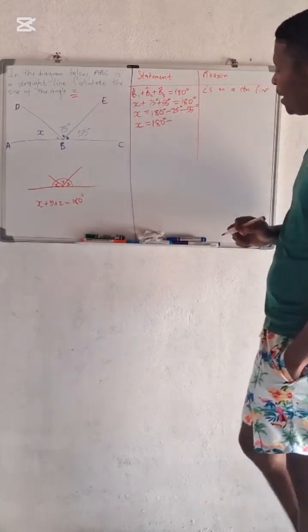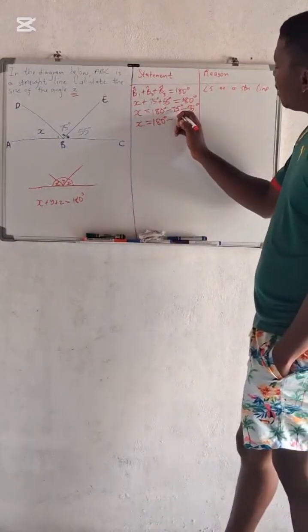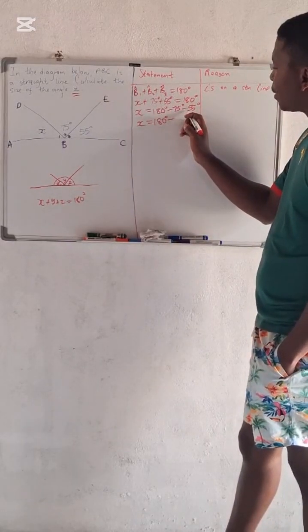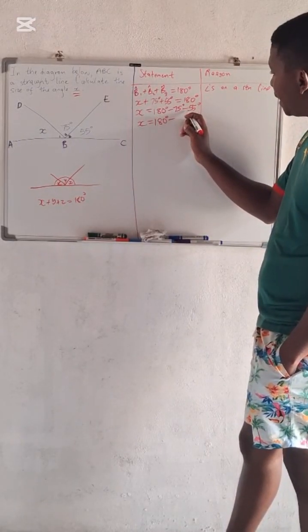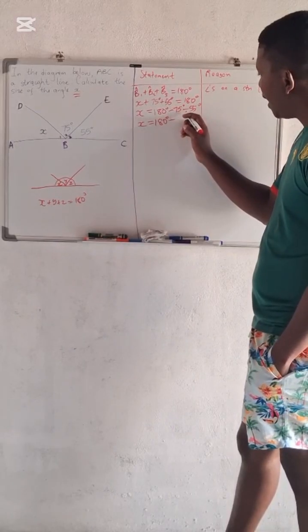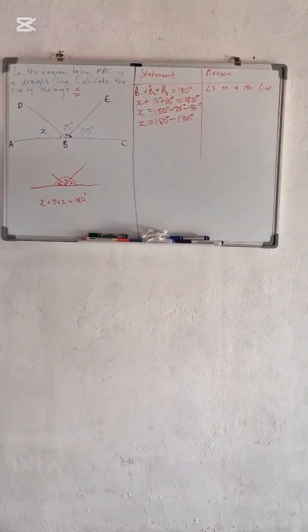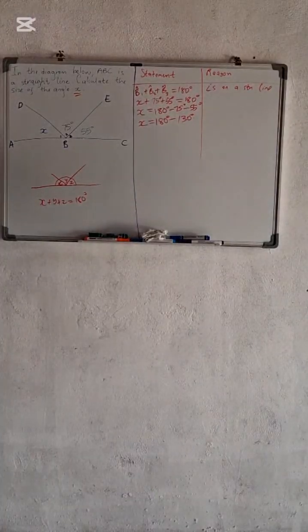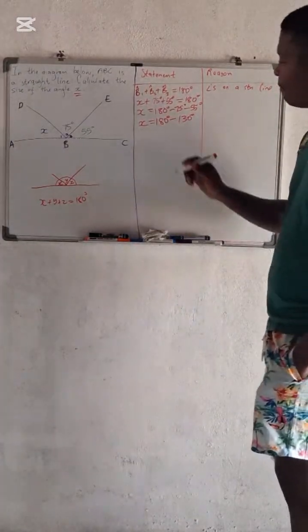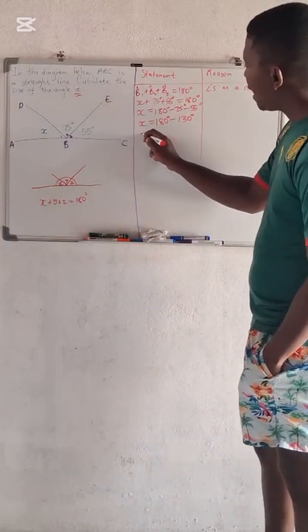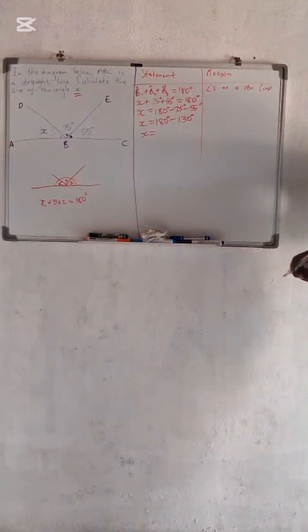I'm going to take a dominating sign. 70 plus 50, that is 120 plus 10, 130. Ooh. I hope I did that correctly, but if I did not, you're gonna rectify it because you have a calculator, I don't.